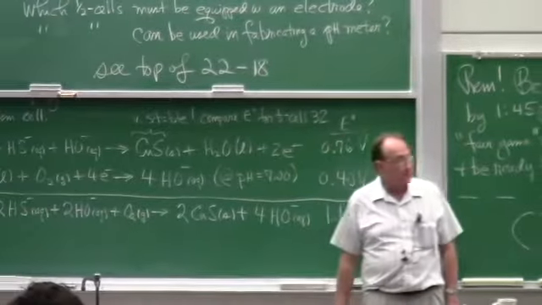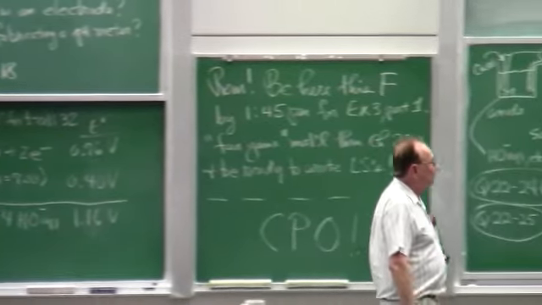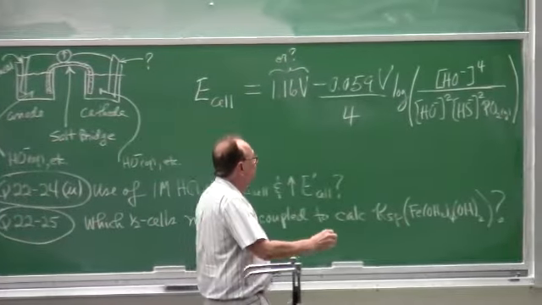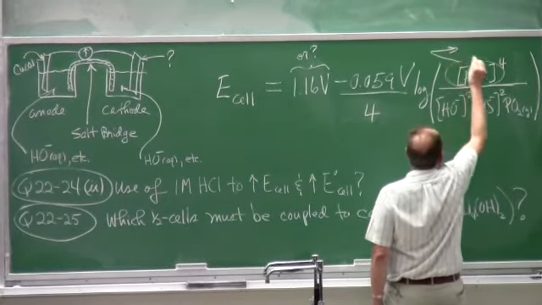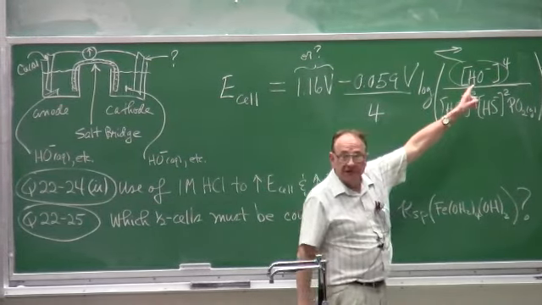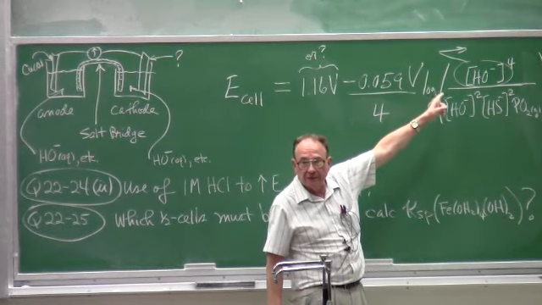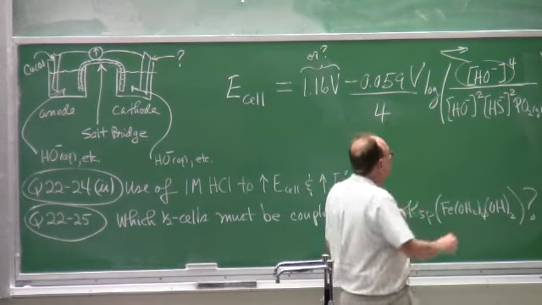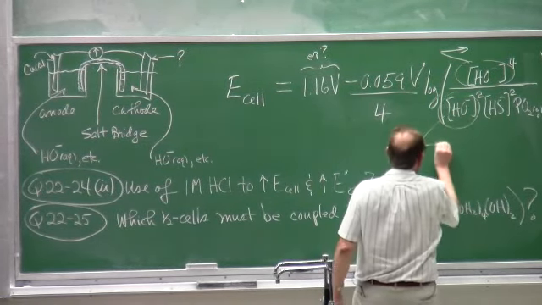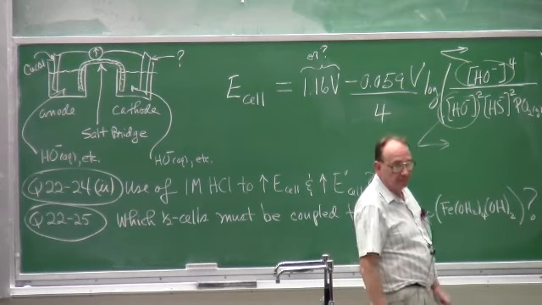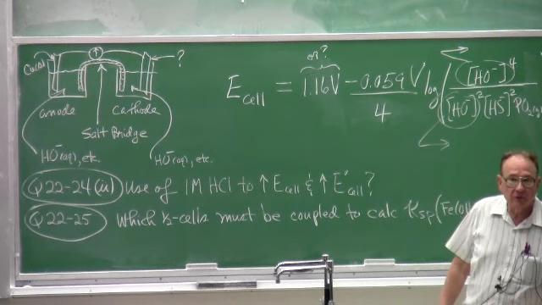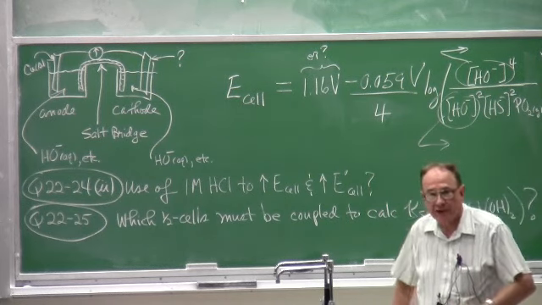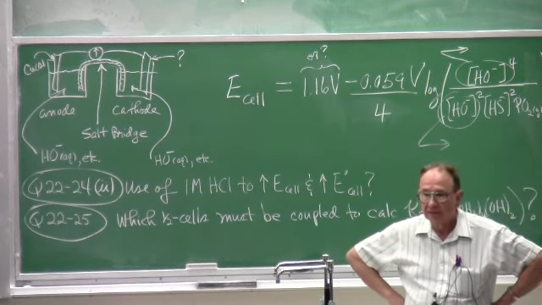Here's the half reaction. Is this the anodic hydroxide ion or the cathodic hydroxide ion? I'm going to ask about this hydroxide ion, because whichever one we identify as the cathodic hydroxide ion, the other one's the anodic hydroxide ion.